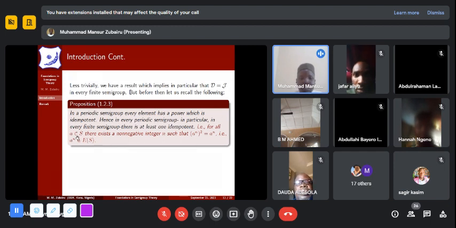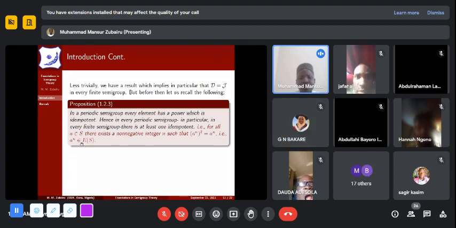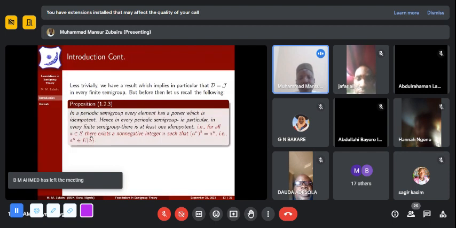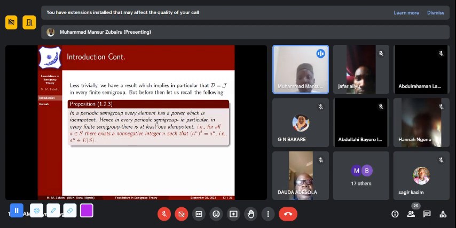That is, for all A in S, there exists a positive integer, say n, such that A to the power n is an idempotent. Here we can write it as A to the power n is an element of E(S). E(S) denotes the collection of all idempotents in S. So in a periodic semigroup or in a finite semigroup, this property holds.